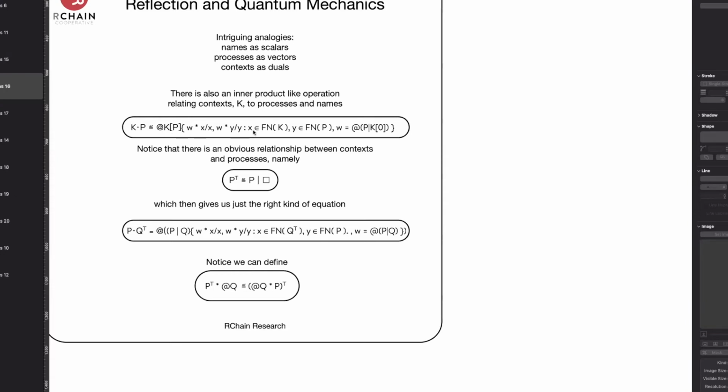And then for all the free names in the context and all the free names in the process, we're going to substitute W times X and W times Y. So for all the free names X in K and all the free names Y in P, we're going to do a substitution of W times X and W times Y, where W is the name of P par K applied to 0.